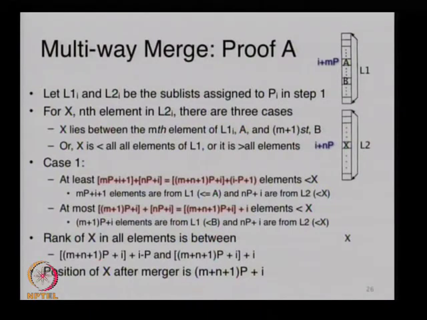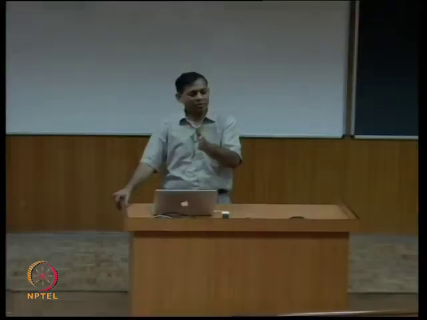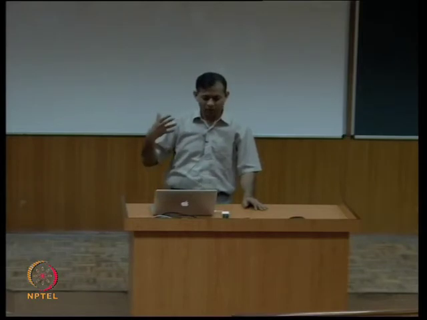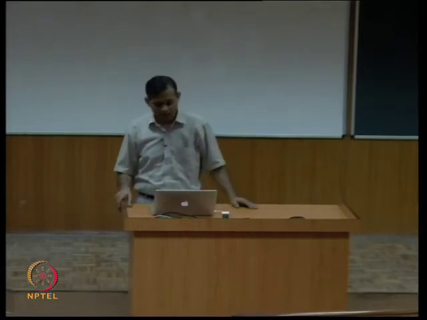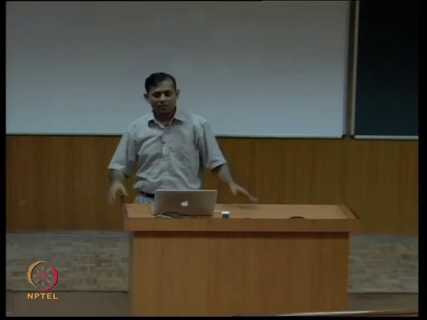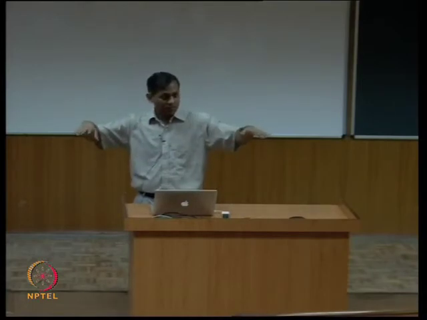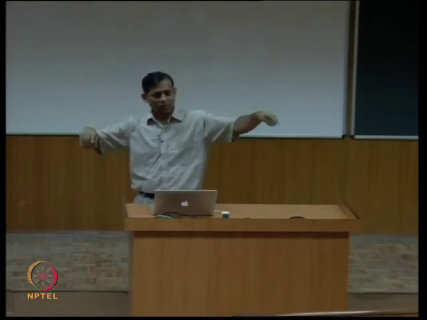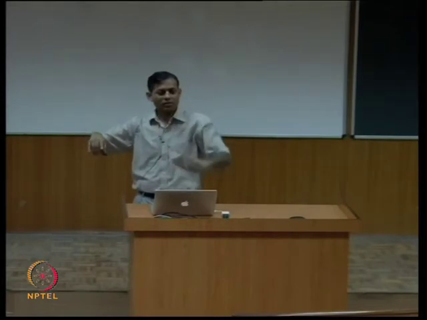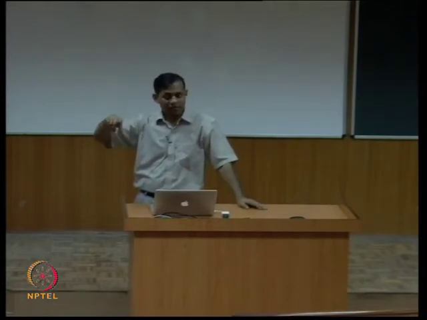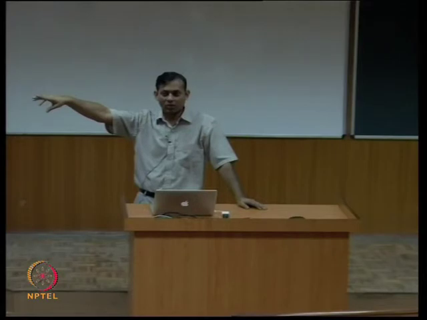So every Pth element from L1, every Pth element from L2, and one processor is going to merge that. You have another set of Pth from L1, another set of Pth from L2, and so on. So P processors each are going to be merging in parallel, and they're going to do this in place, right? So 0 and P minus 1 and 2P minus 1 will now be sorted across between L1 as well as L2.